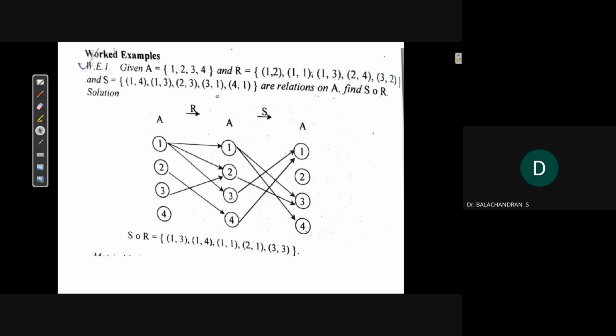Okay. Now, you can see here. A equals 1, 2, 3, 4. R is this relation and S is this relation.